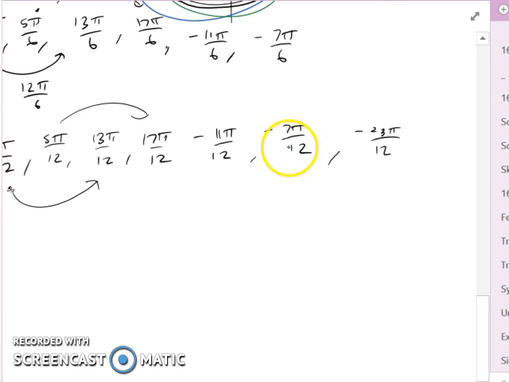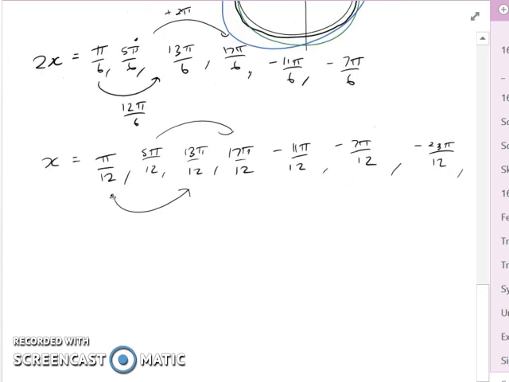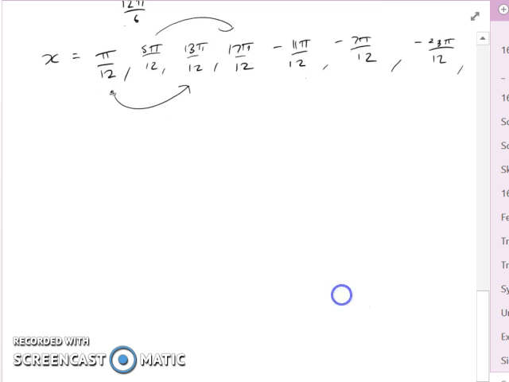And then this one, subtract pi, you would get negative 19 pi on 12 as exact values. Yeah? So how about I get you guys to try and do one, and then I'll start writing out the solution as you go. Okay?